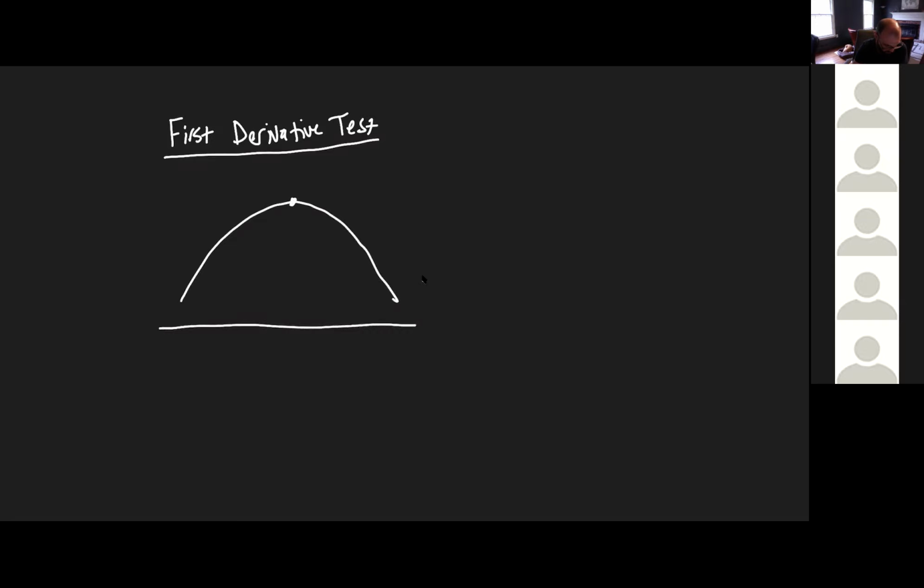So we're going to have this point C. We're going to have a local max at a critical value only when, if you look at one side of it, it's increasing. So this graph is increasing to the left of the point and it's decreasing to the right of the point. Okay, so we have a point here where the derivative is 0, and over to the left of it, the derivative is positive, and on the right of it, the derivative is negative.